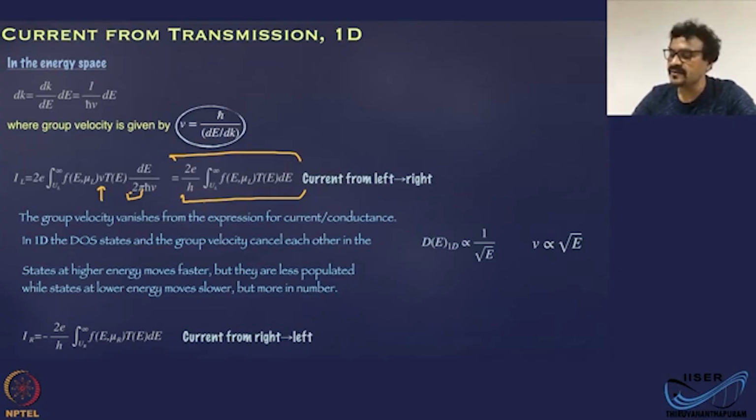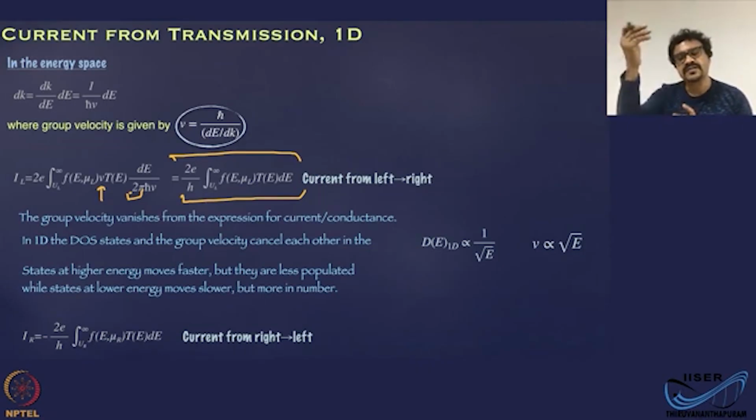So that is the cancellation happening here. The velocity of states and the density of states are kind of inversely proportional, but still the expression is the same. When you have higher velocity, the states move faster, but there are fewer states. At lower velocity, there are more states, so both of them carry the same number of electrons, and the current would be the same.